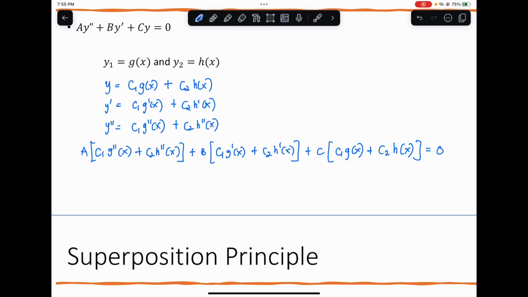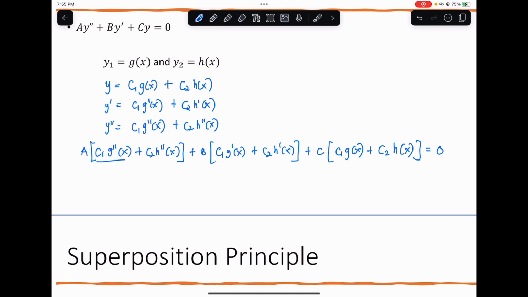Distributing and combining all the g of x terms, I'll start with this one.